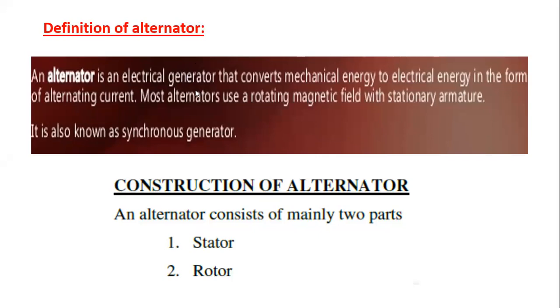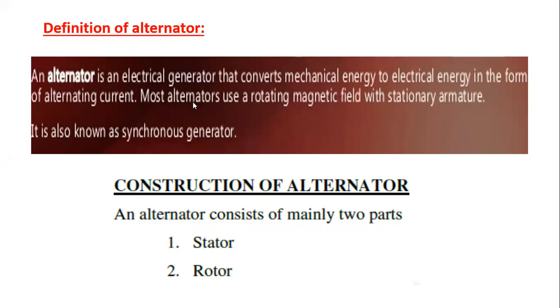According to Faraday's law, when the magnetic field is rotated, the magnetic field is cut by the armature conductors, therefore an EMF is induced. In the case of a DC generator, the armature conductor is rotated and the magnetic field is stationary.